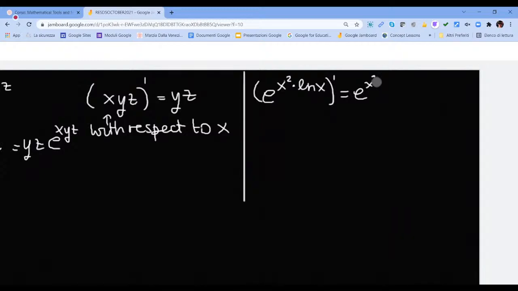Let's say this is g of x, okay? But then you should multiply by the derivative of g of x.